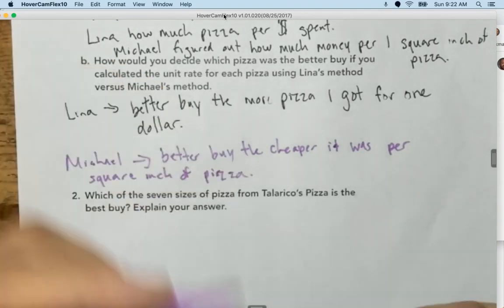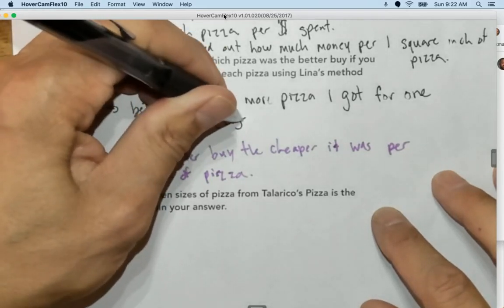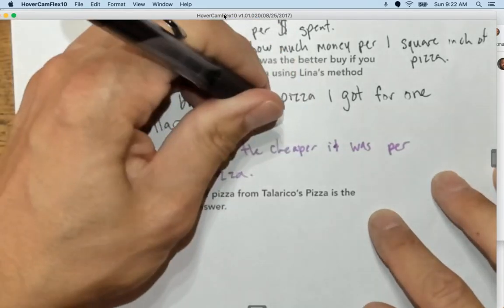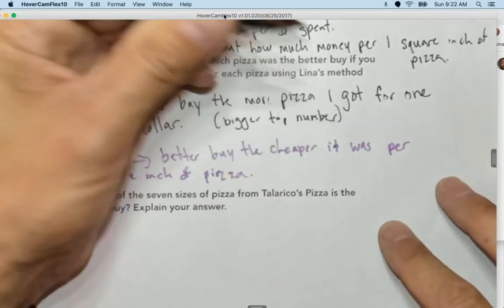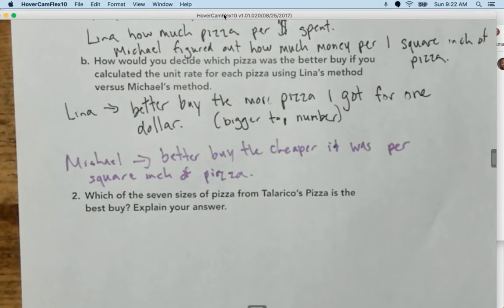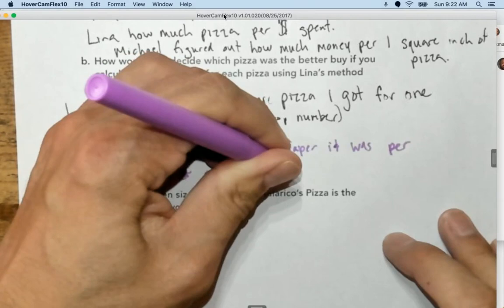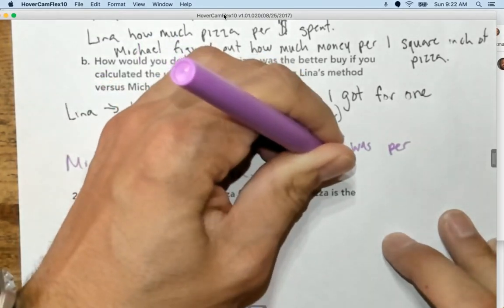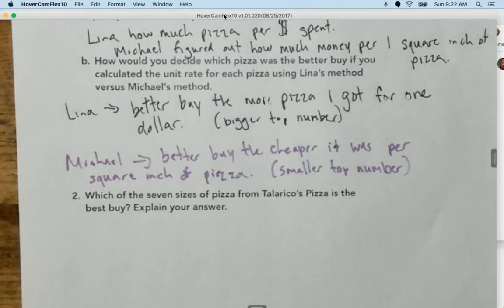So for Lena, the bigger top number would be a better buy because it'd be more pizza for a certain amount of money. For Michael's, the smaller top number would be the better buy because it's cheaper per the same amount of pizza. So they're kind of flipped around, but they both get you the right answer. I'm going to pause this and I'm going to start this again.